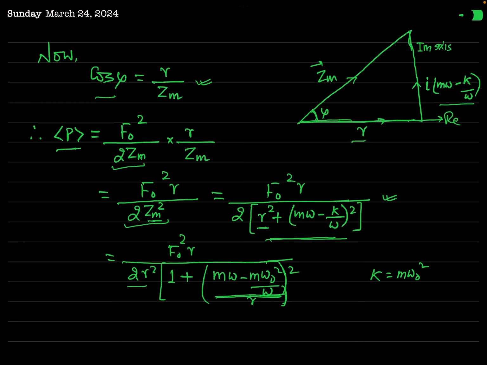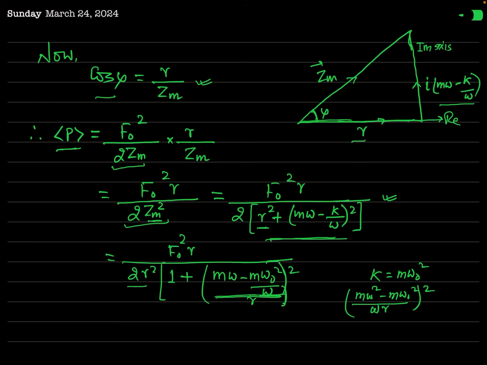Now you can take the LCM here, and after taking the LCM your result will be (m omega square minus m omega naught square) divided by (omega R) whole square.